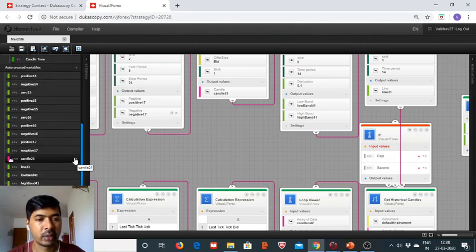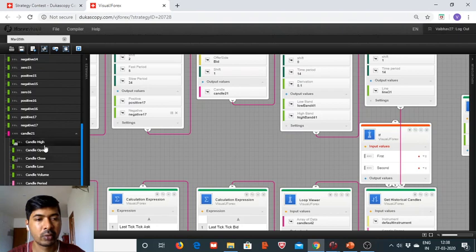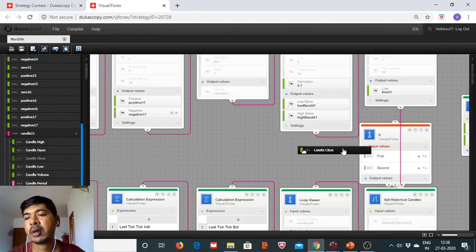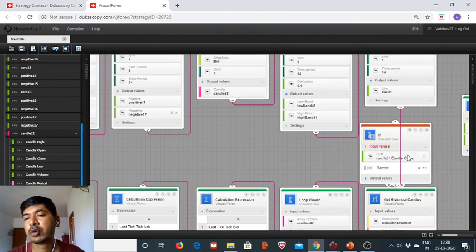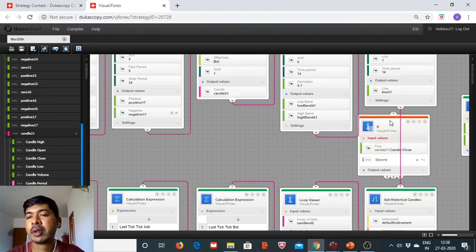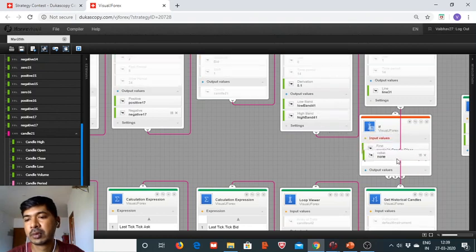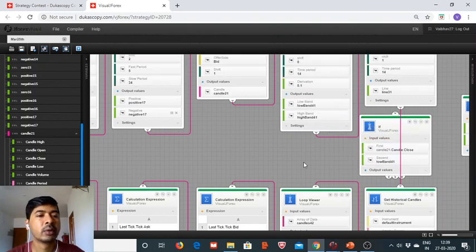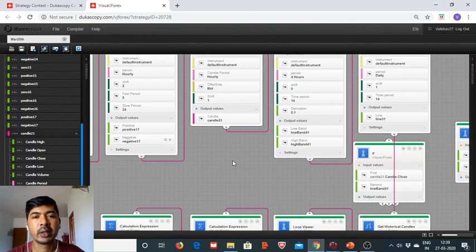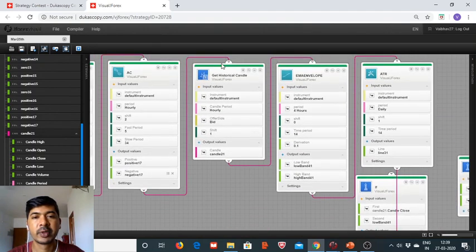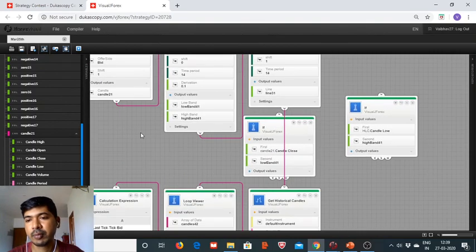So here is the candle 21's close. Candle 21's close should be above the lower band. Candle 21 is a historical candle defined for hourly time frame.